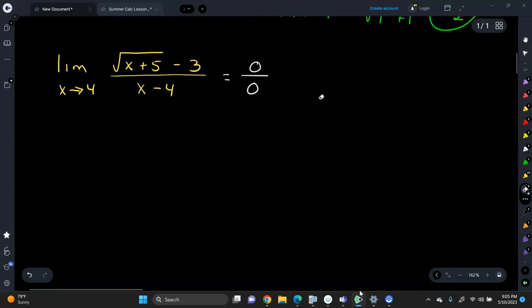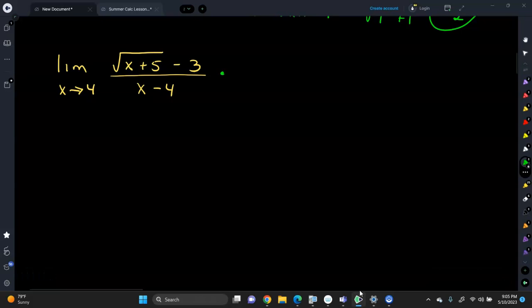So here we have a problem again. So we're going to go ahead and multiply by the conjugate. So we're going to multiply by the square root of x plus 5 plus 3 over the square root of x plus 5 plus 3.